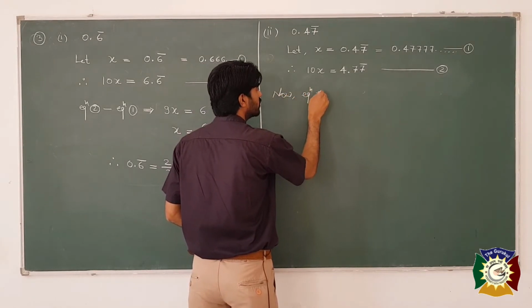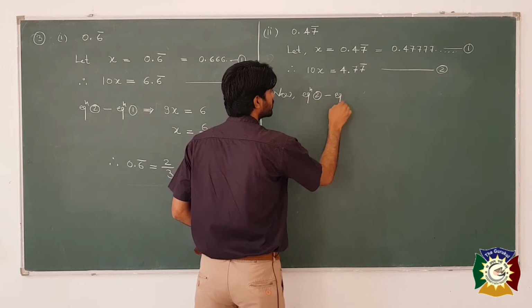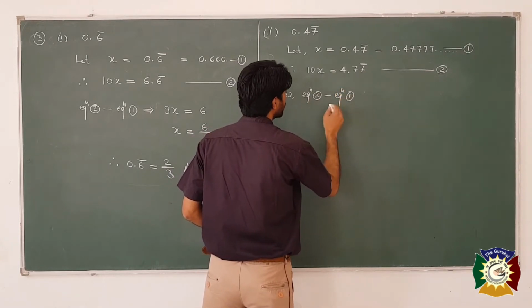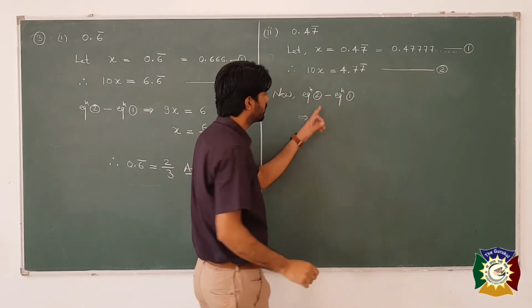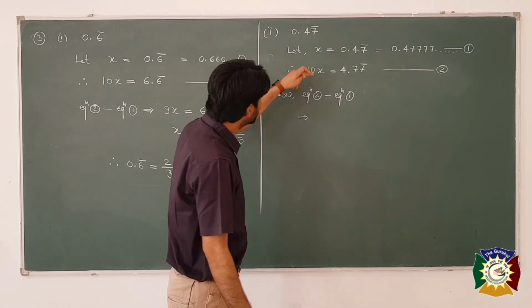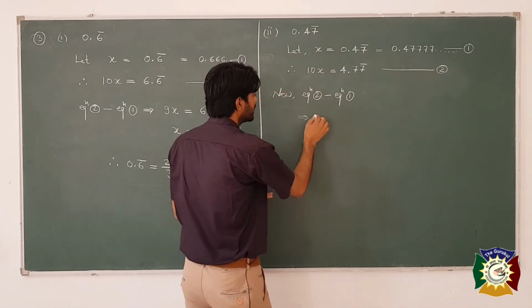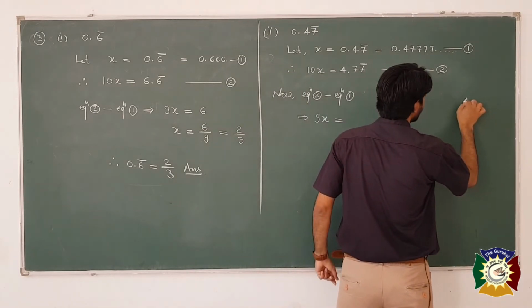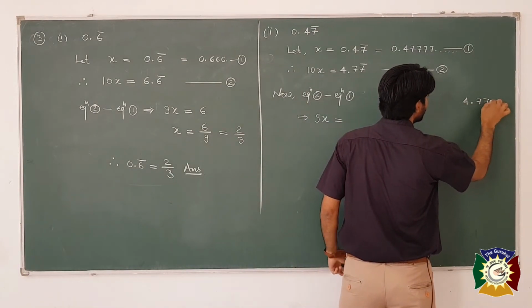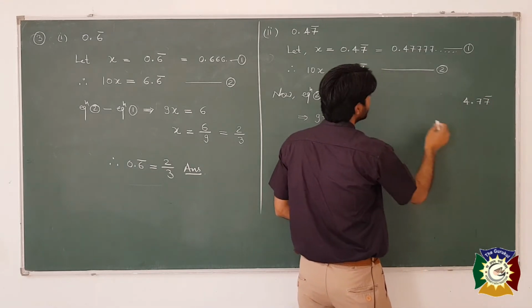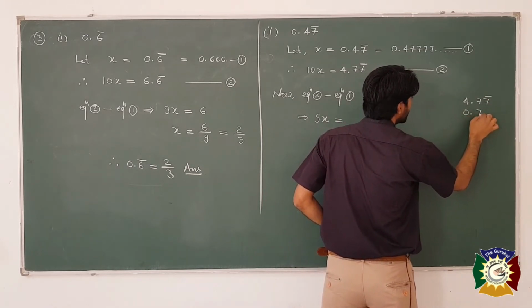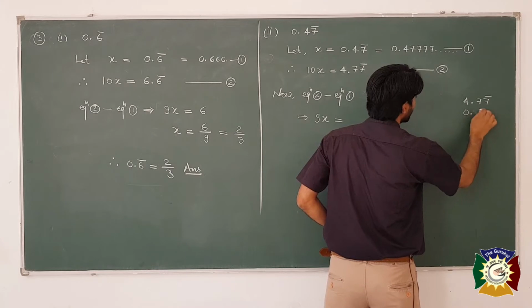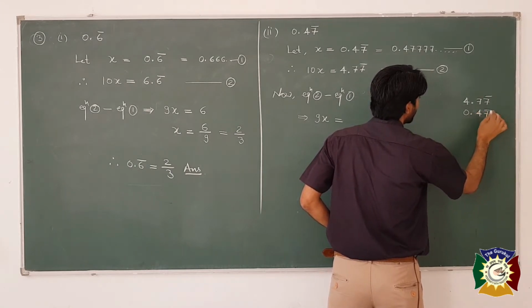Now equation 2 minus equation 1. So we get what? Equation 2 minus equation 1, 10x minus x. So I get 9x. Again I am writing it here. 4.77 bar and 0.47 bar. 47 and bar on 7.